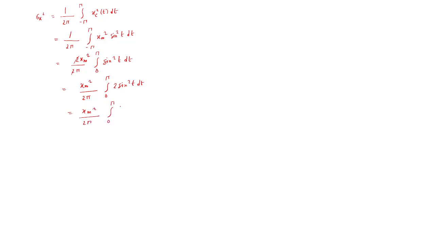Zero to pi, you write 2 sine square t as 1 minus cos 2t. So we have xm squared by 2 pi. On one hand we have integral 0 to pi dt minus integral 0 to pi cos 2t dt.